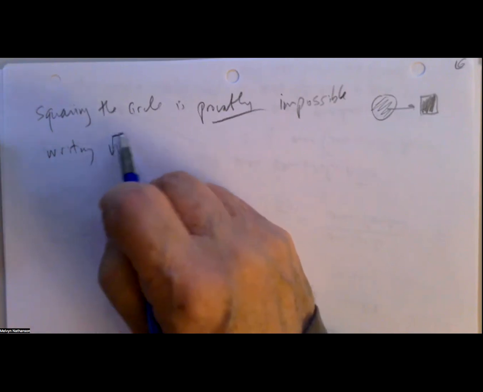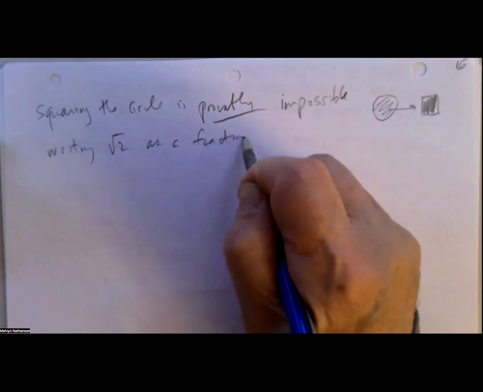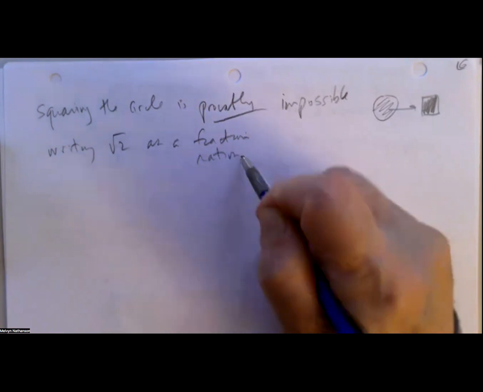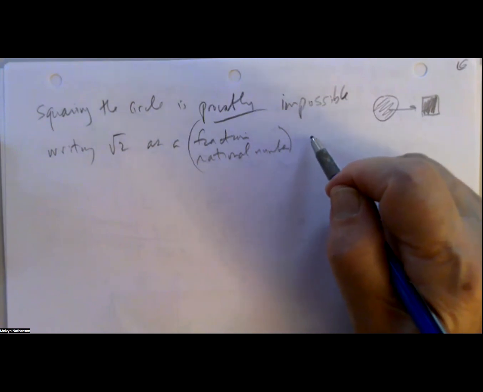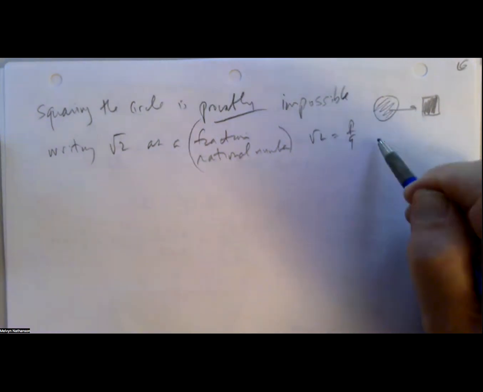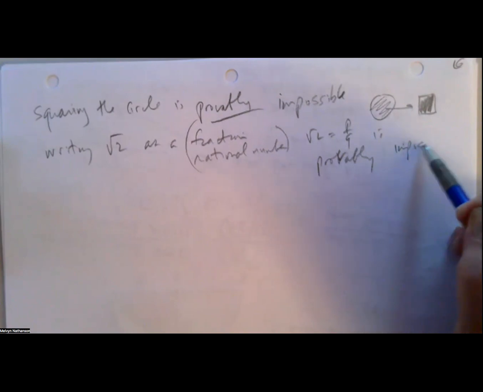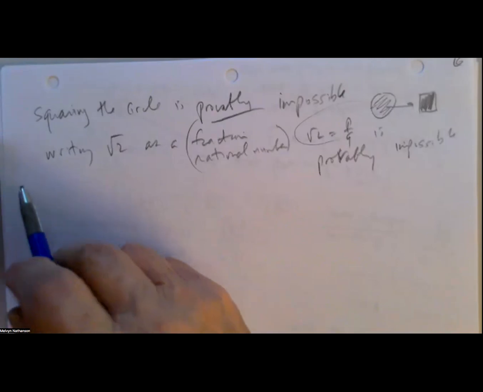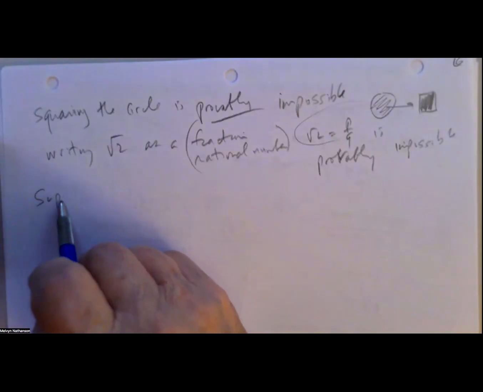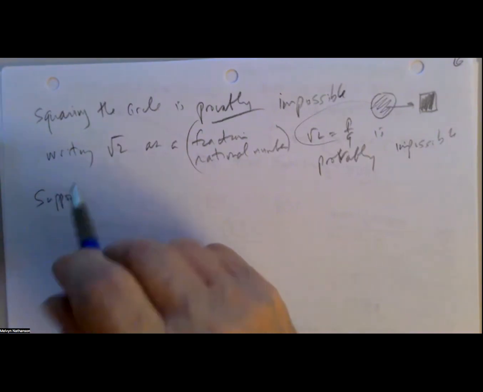So writing square root of 2 as a fraction, which is another name for a rational number, P over Q, is also provably impossible. Why is this impossible? Well, let me repeat the proof. Again, this is something which you absolutely positively have to understand to be able to generalize.